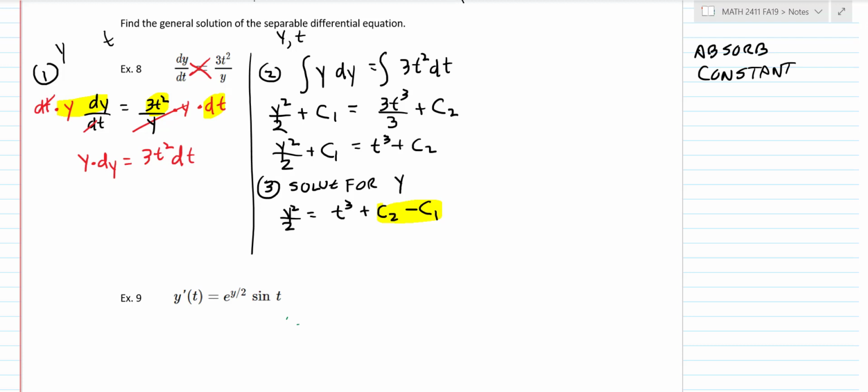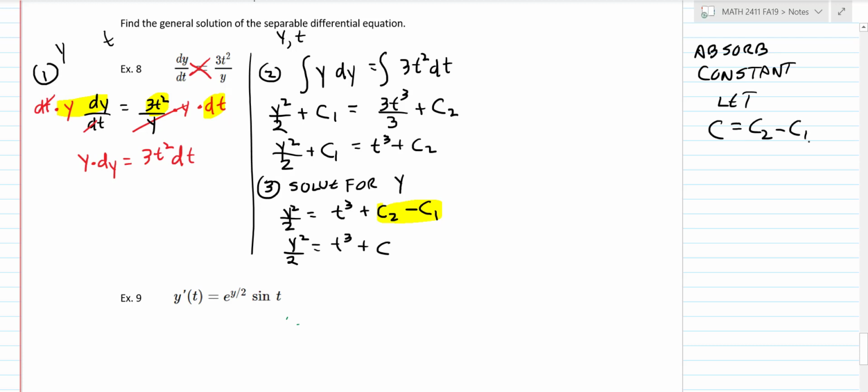Anytime you're doing basic arithmetic with your constant, like adding, subtracting, multiplying, dividing, anything arithmetical, you can absorb that constant. So that's y squared over 2 equals t to the third plus c, where I'm just letting c equal c2 minus c1.